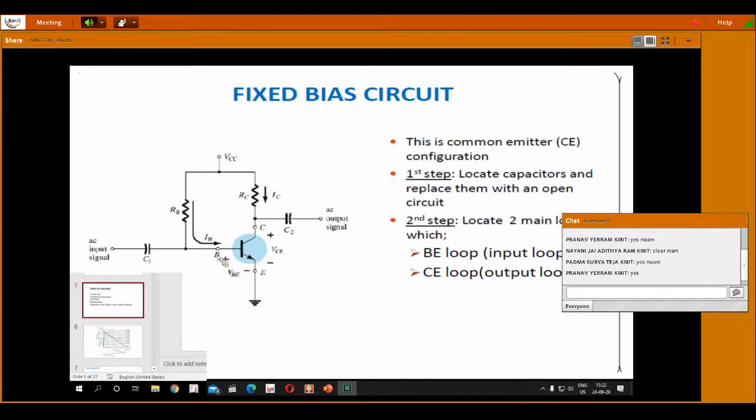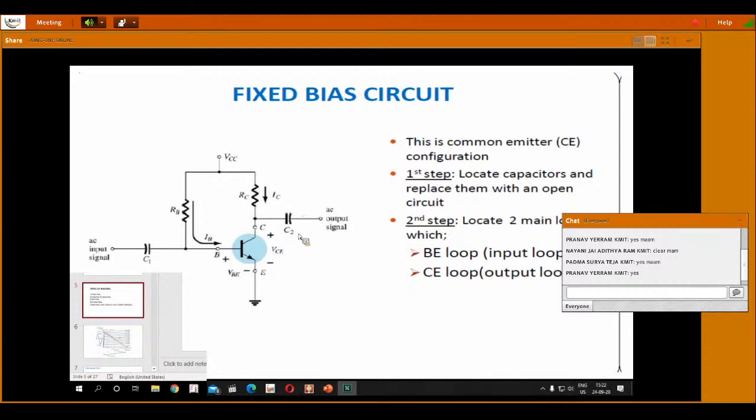Actually, in order to function the transistor as an amplifier, the input signal is coupled with a coupling capacitor, and to collect the AC output signal from the collector terminal of the transistor, we again have to connect a coupling capacitor.